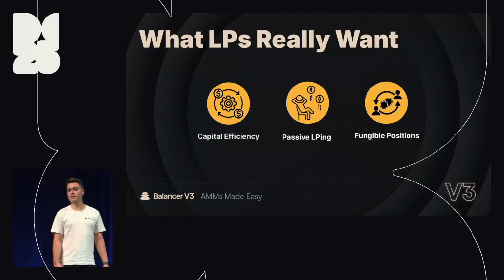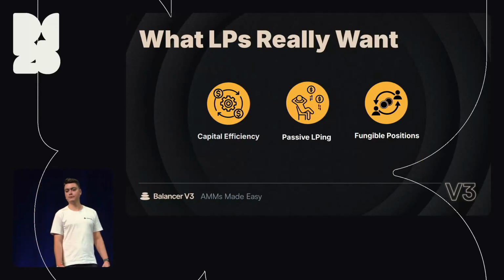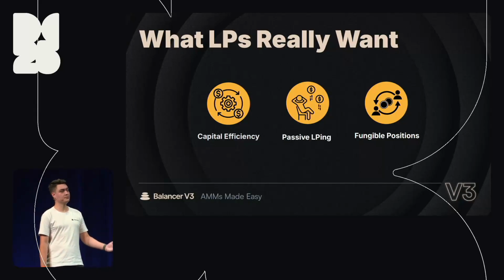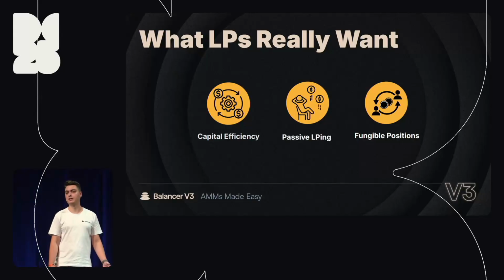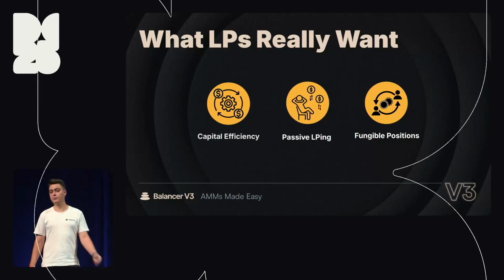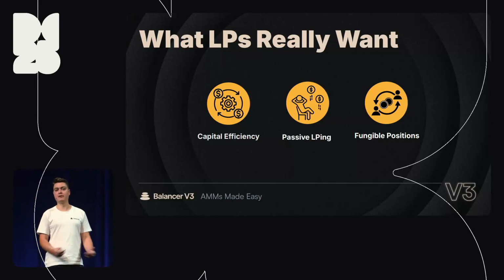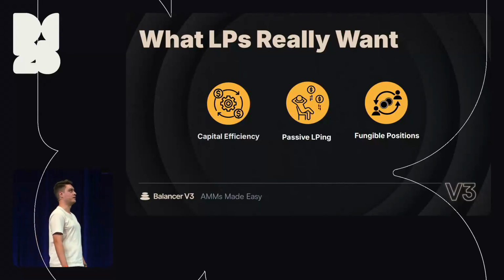What we at Balancer think that liquidity providers really want is, of course, having the capital efficiency, so having concentrated liquidity, but being passive, so no need for active management, no need for rebalancing and shifting the ranges, and finally, also fungible positions, so they can compose, they can deposit in other protocols, and they can incentivize easily, because if everyone shares the same position, it's just a matter of distributing incentives proportionally to the amount of tokens they hold.